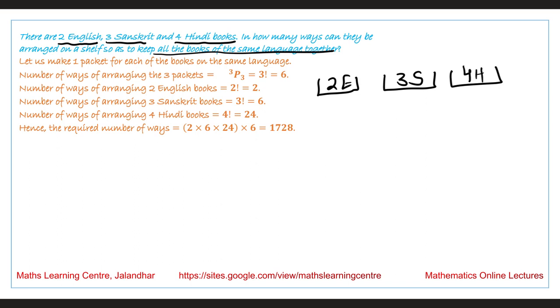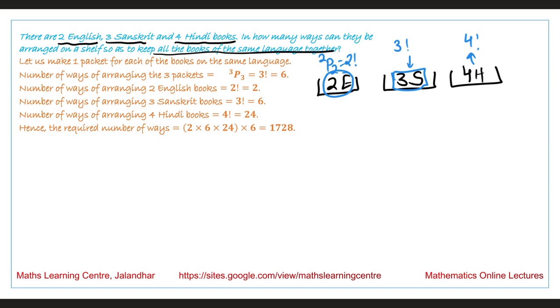Now, how can these 2 books be arranged? These 2 can be arranged like 2P2, that is 2 factorial ways. These 3 books can be arranged in 3 factorial ways. These 4 books can be arranged in 4 factorial ways.